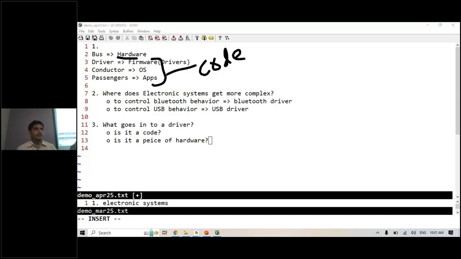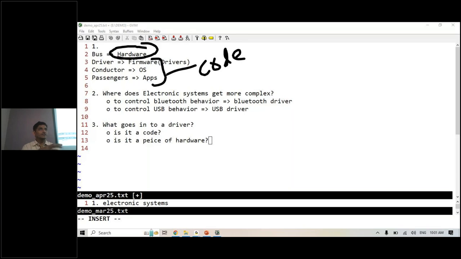Now are you clear? When we say some embedded system engineer is developing driver code, he is basically developing a piece of code. What is that code going to do? That code is going to control the hardware behavior.